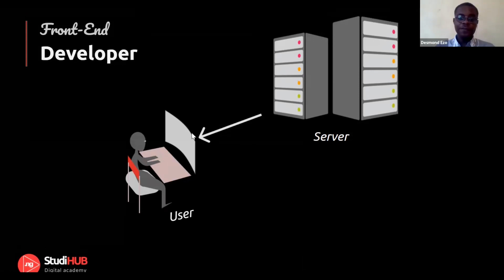This is the user trying to visit the website through his web browser. The code that is delivered to him will be translated by the web browser to make that beautiful website that he is seeing. That code is referred to as the front-end code. That's the code that a front-end developer would write or have to create.